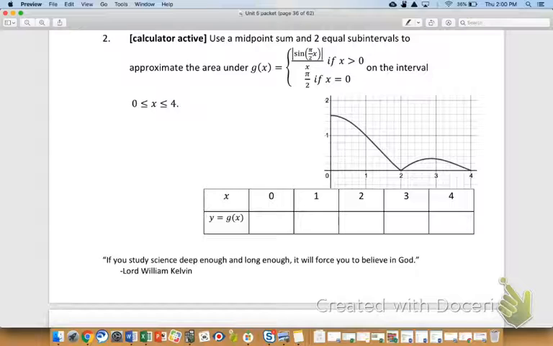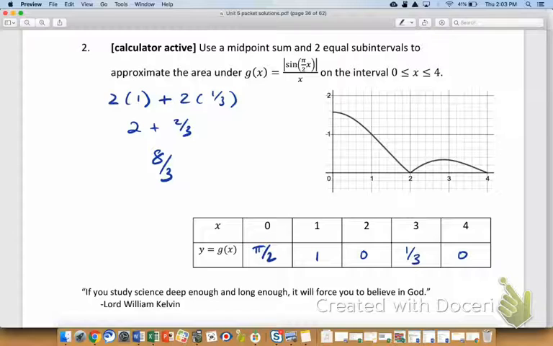Okay. How do I want to do this? Let's do it this way. Here it is for number 2. I did not draw. I should probably draw on this.